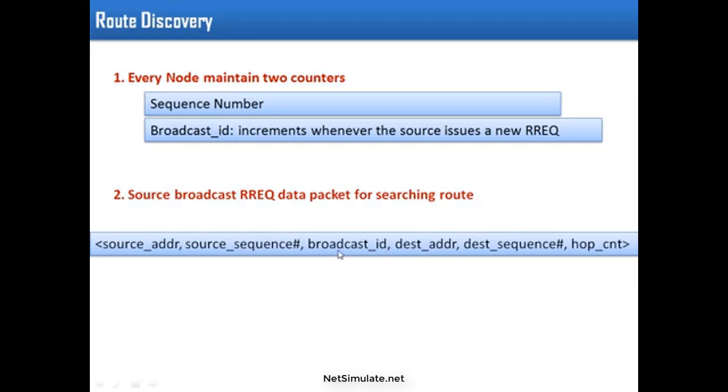And this is the broadcast ID, which we can consider a unique ID for the route request packet. Then there is the destination address and destination sequence number. If the sender has no idea about the destination, this entry will be empty. And the last one is the hop count, how many hops it requires to send the data from sender to receiver.